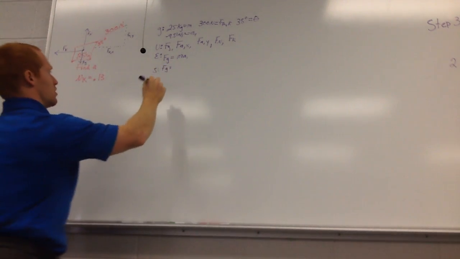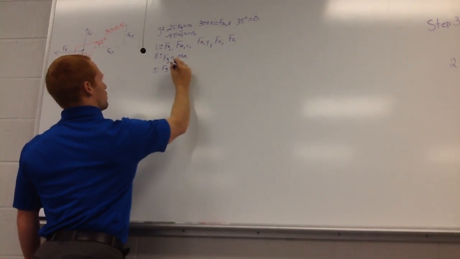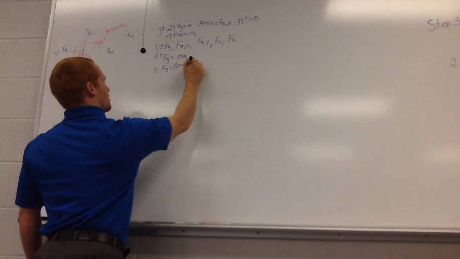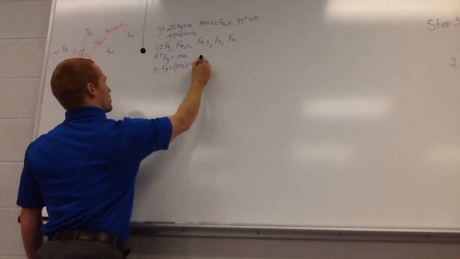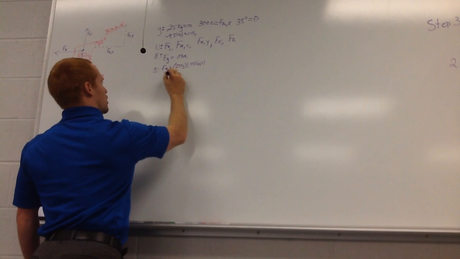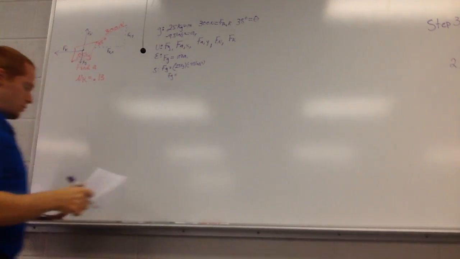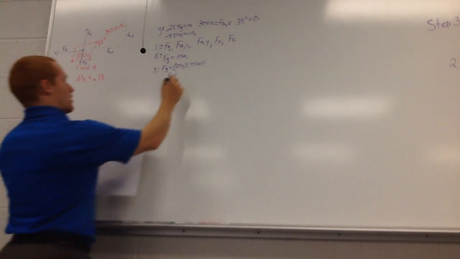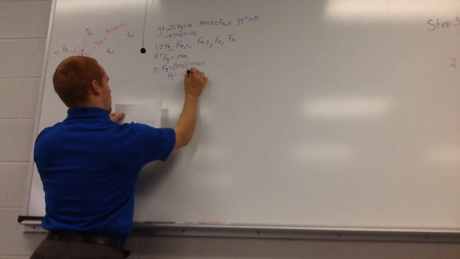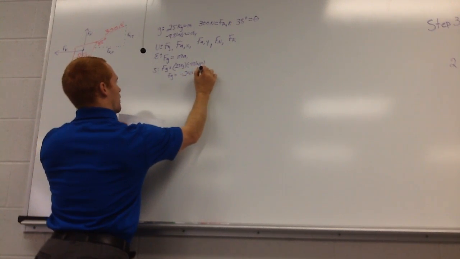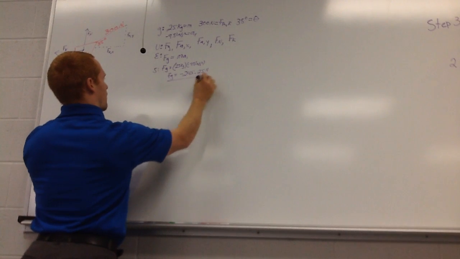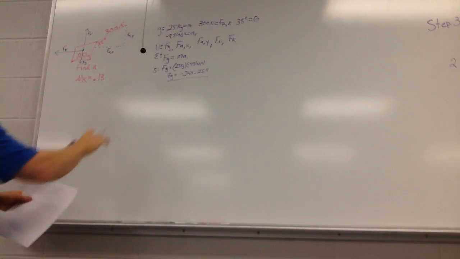You don't need to sort it, you just plug it in. So we're going to substitute. Mass is 25 kilograms. Acceleration is negative 9.81 meters per second squared. So Fg is equal to negative 245.25 newtons. So we have Fg. Okay, so this one is done.